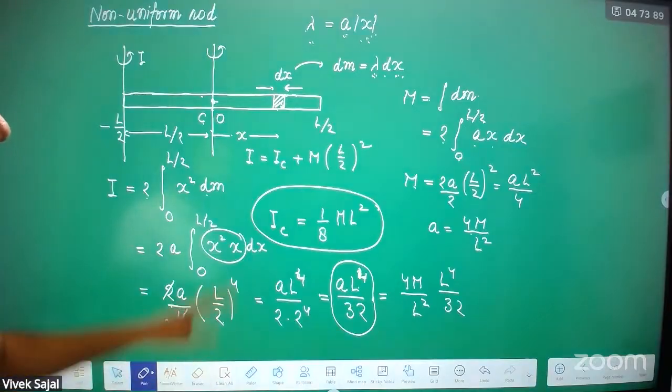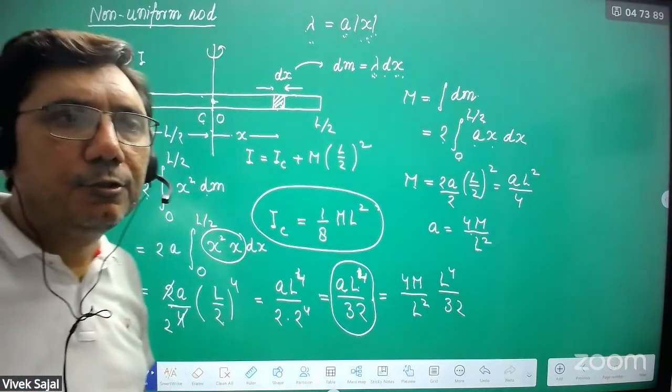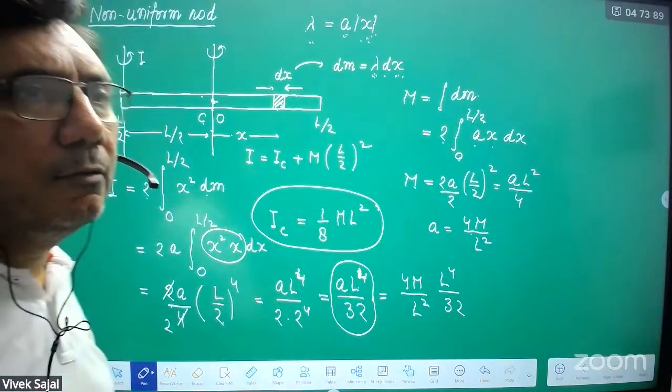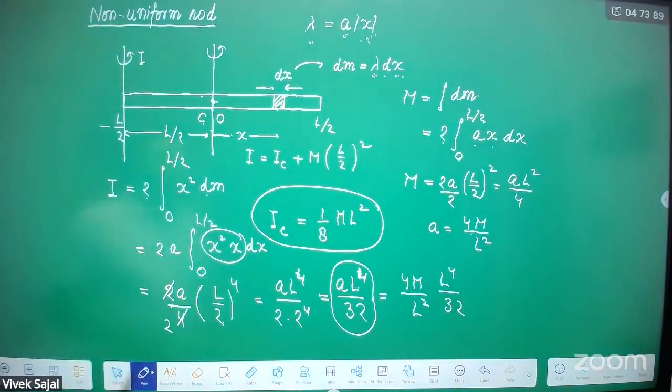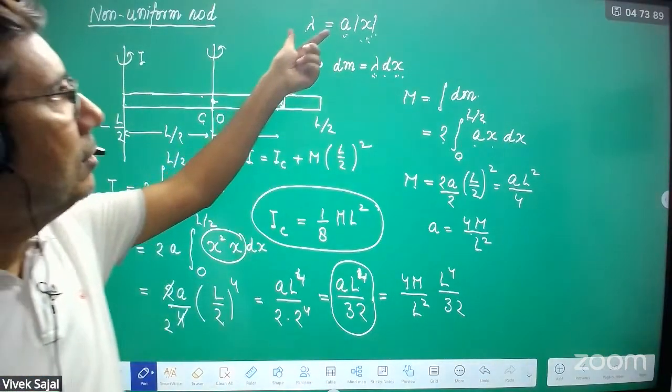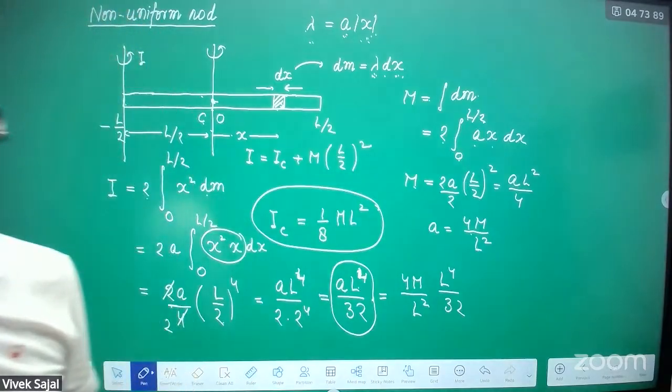But if suppose the plot of mass distribution is not symmetrical about this axis, then you have to integrate from the limit minus L by 2 to plus L by 2, corresponding to the given value of lambda.